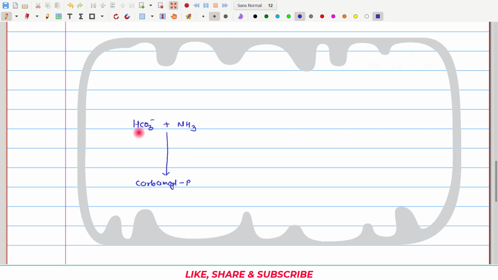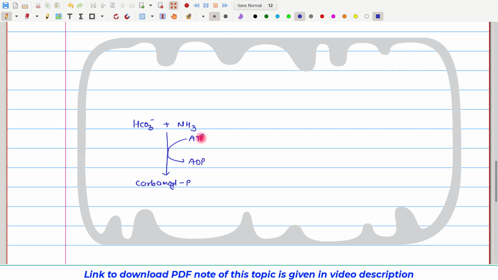Now, this step requires energy. Basically, it requires 2 ATP, but the roles of the two ATPs are different. One ATP is considered a substrate because one high energy bond is broken and ADP is released, whereas the inorganic phosphate gets incorporated into the product, that is carbamoyl phosphate.